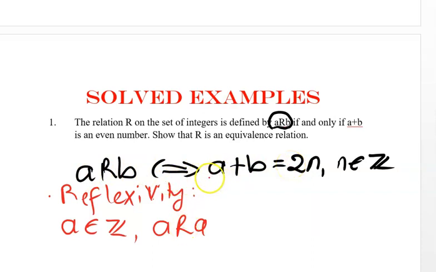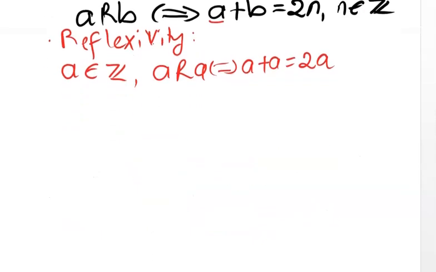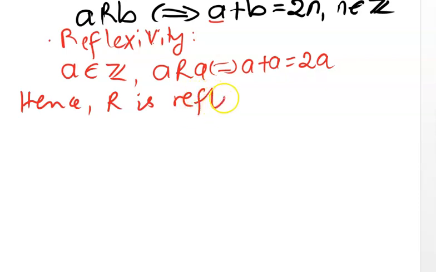Replacing b with a, we have a plus a, which is 2a. This is already showing that it's an even number. So we say that the relation is reflexive. Hence, R is reflexive.